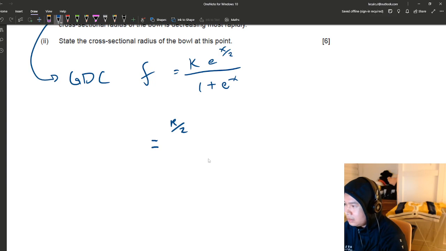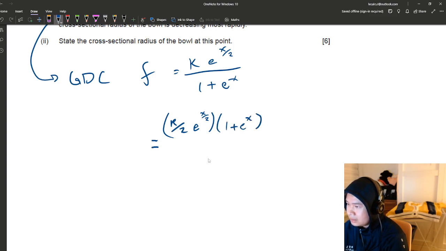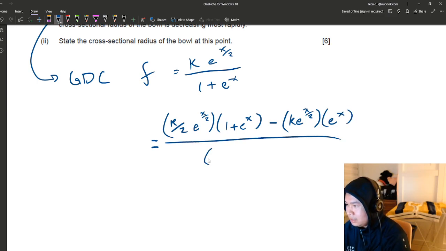So k divided by 2 e to the x over 2 times 1 plus e to the x minus k e to the x over 2 times e to the x, divided by 1 plus e to the x squared. Okay, this is just quotient rule.